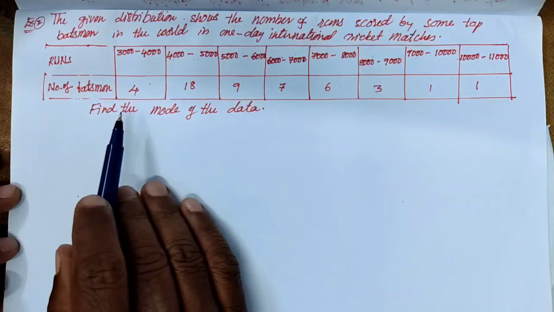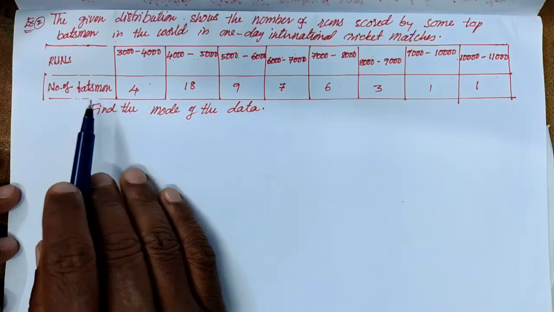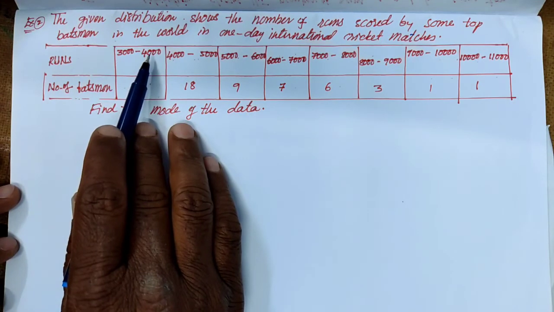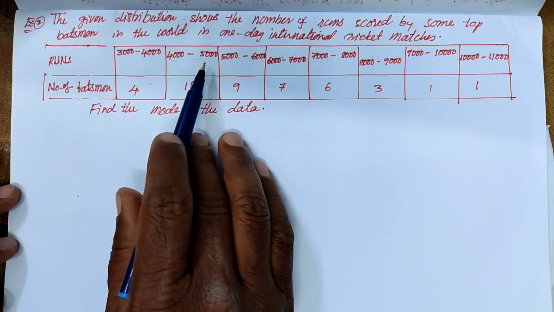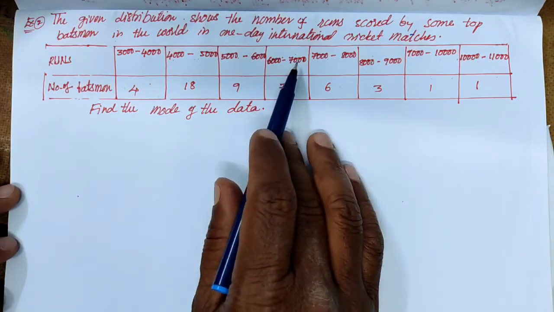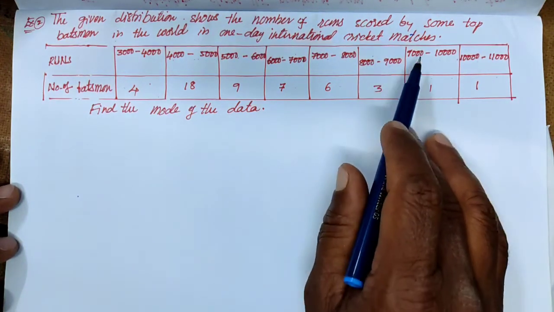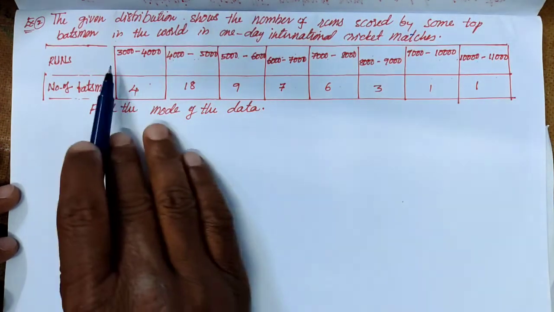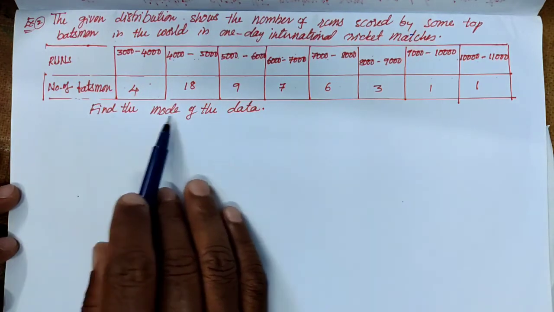So runs, number of batsmen. 3000 to 4000 runs scored by 4 batsmen, 4000 to 5000 by 18 batsmen, 5000 to 6000 by 9 batsmen, 6000 to 7000 by 7, 7000 to 8000 by 6, 8000 to 9000 by 3, 9000 to 10000 by 1, and 10000 to 11000 by 1. So this is the grouped data.